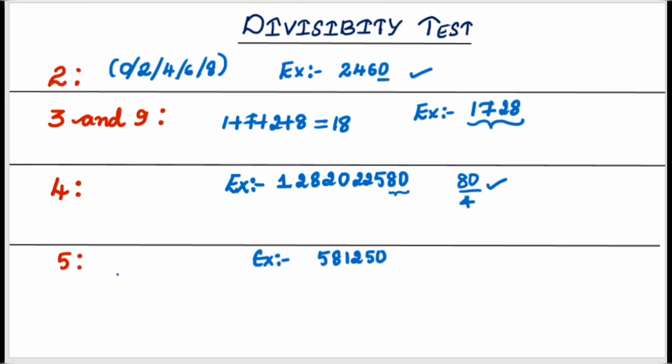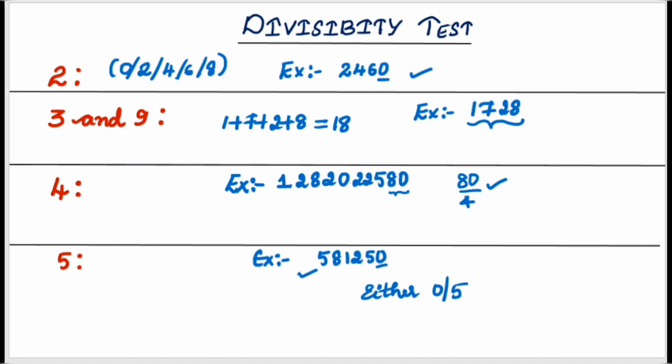Now, what is the divisibility test for 5? It is very easy. The last unit digit should be either 0 or 5. In the given example, I have 0 in the units place, so this number is divisible by 5 completely.